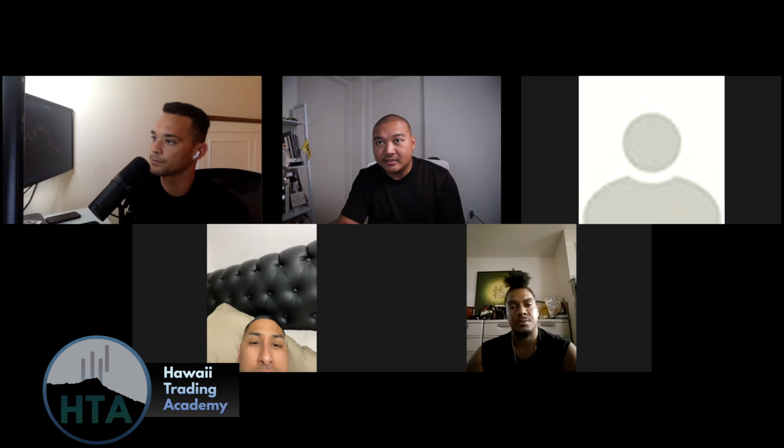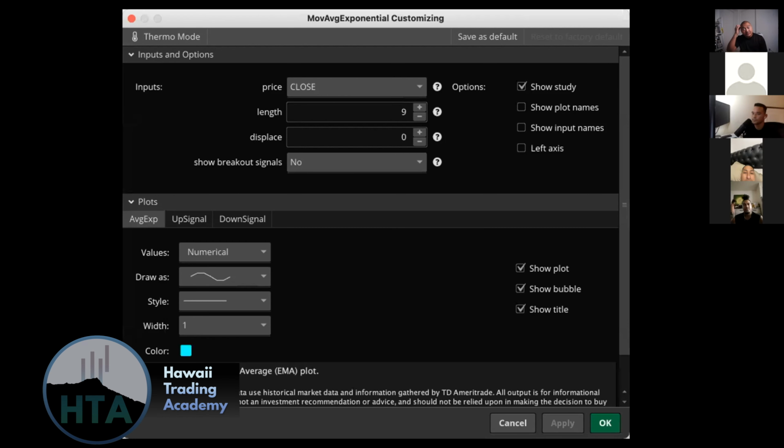In these indicators, can you guys see this little setup? It has length and displace. Yeah, we can. So I can adjust the different lengths. And what this means is the previous 9 candles are where it makes its calculation.